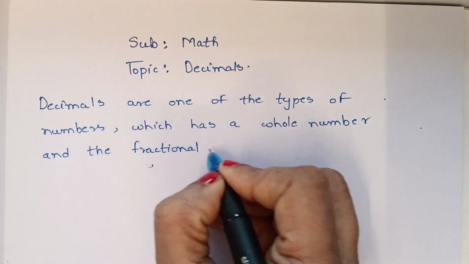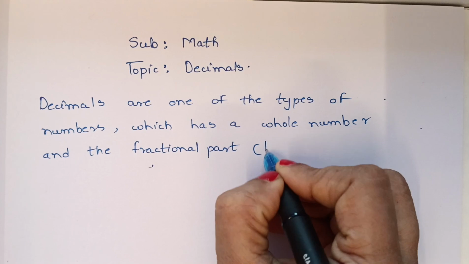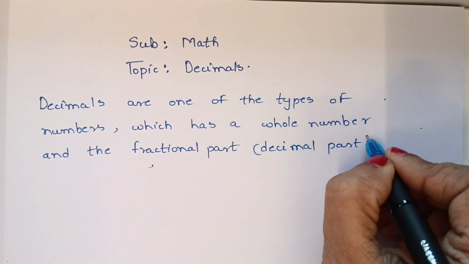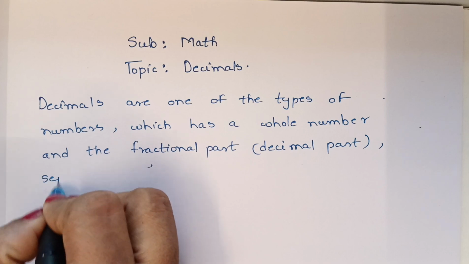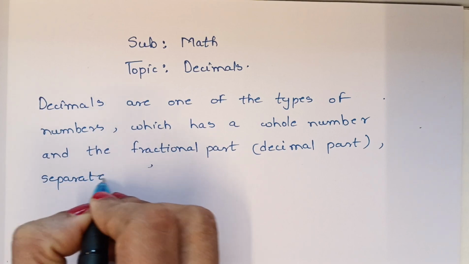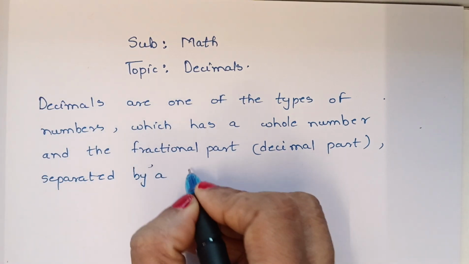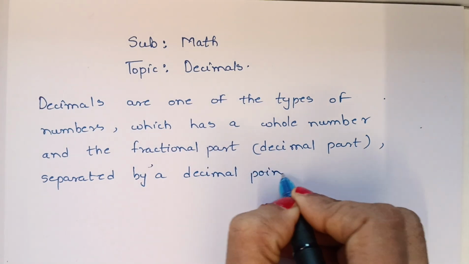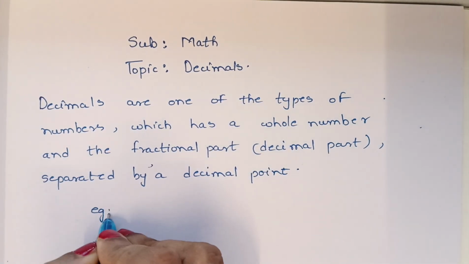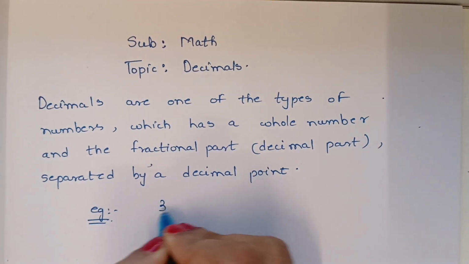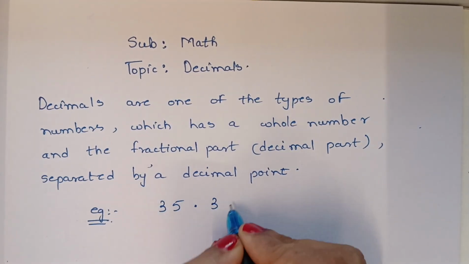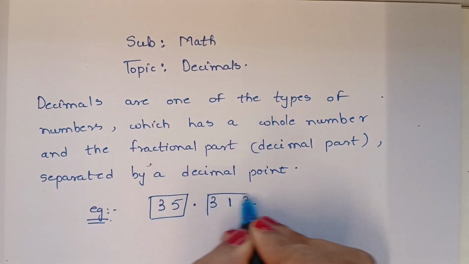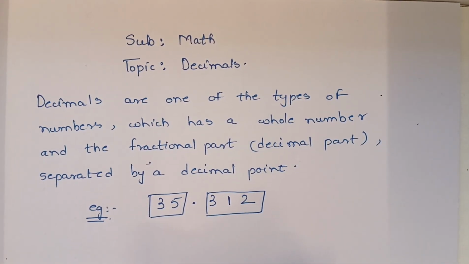You know, the fractional part is also called as what? It is also called as decimal part, which is separated by a decimal point. Now let's take one example: 35.312. When you see this, there are two parts in a decimal number, correct?